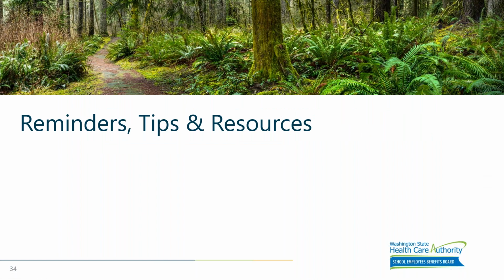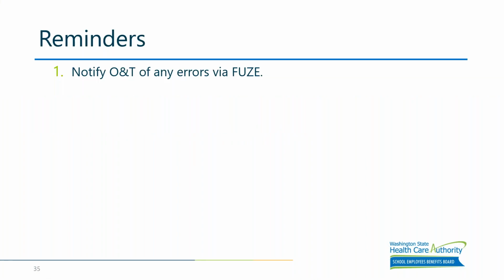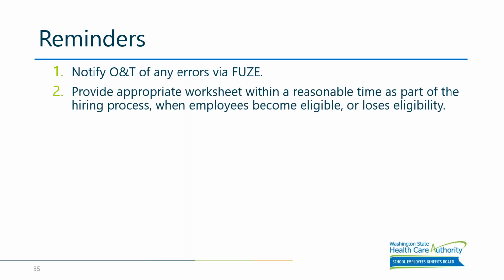So a few reminders and tips and provide you with some resources. First reminder is to notify outreach and training of errors that the SEBB organization makes through using Fuse. Provide appropriate worksheets within a reasonable time as part of the hiring process when employees become eligible or they lose eligibility for SEBB benefits.